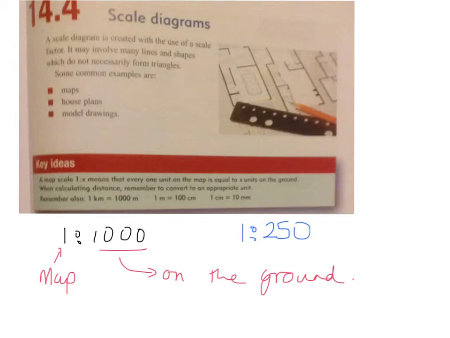Whatever the scale is, you've got to look at this over here. If we've got a scale that's 1 to 10,000, that means 1 centimetre on the map represents 10,000 centimetres on the ground. Now, we've got to learn our conversions. I know that 1 centimetre on the map is 10,000 centimetres on the ground, and 10,000 centimetres is 100 metres.